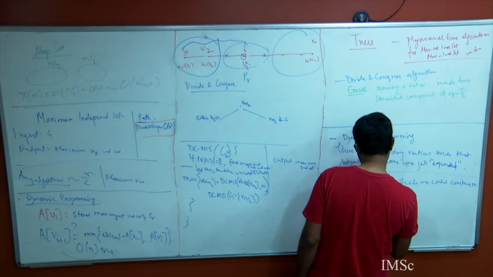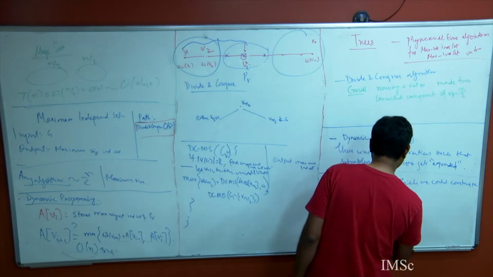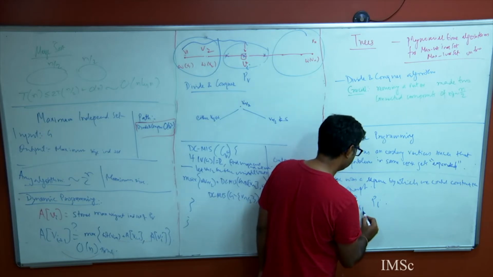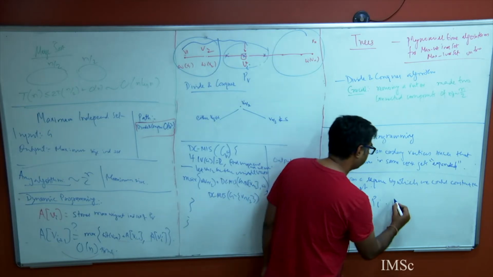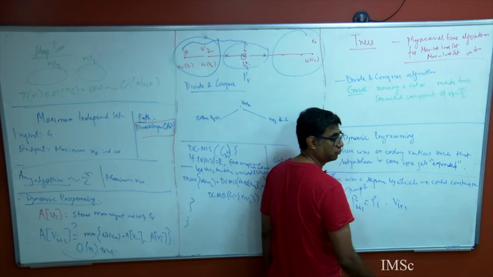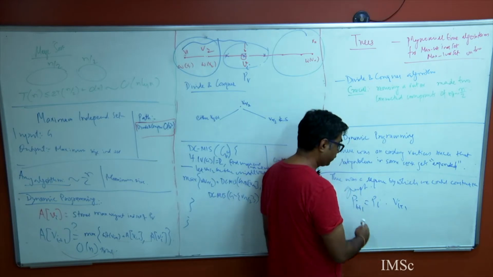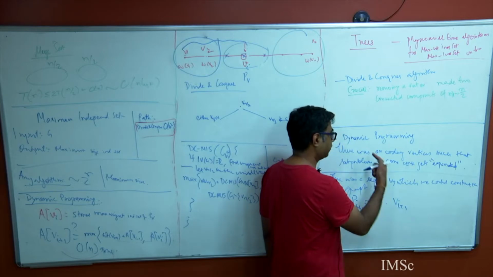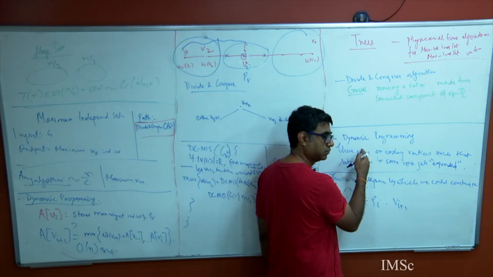And what was that? How did you get Pi plus 1? You took Pi and concatenated Vi plus 1 to Pi, right? So this allowed you some way to do induction, and that was very crucial for your dynamic programming algorithm.